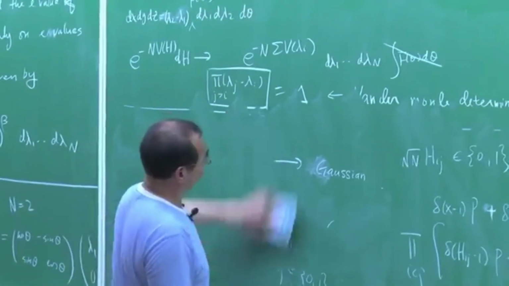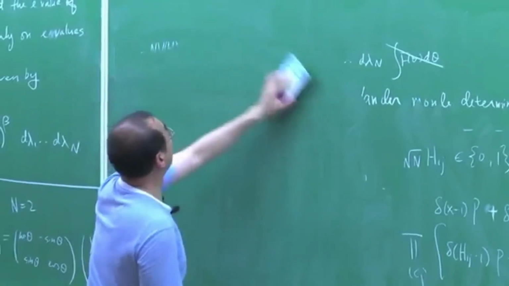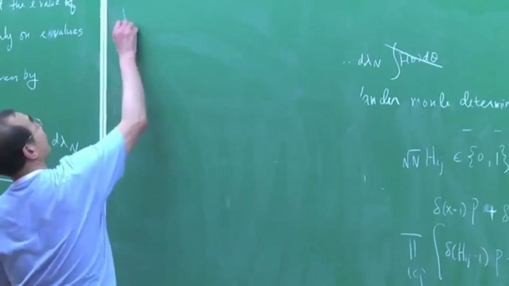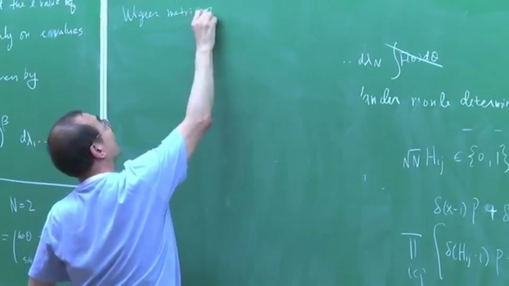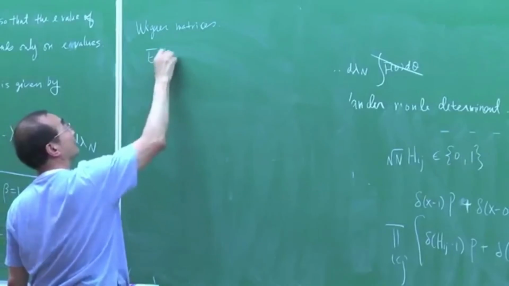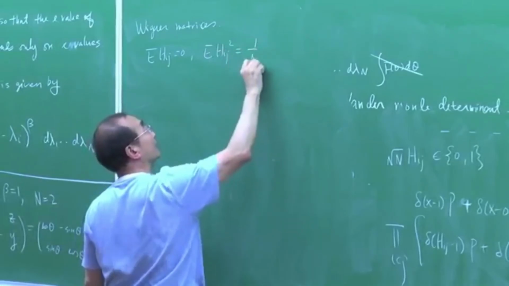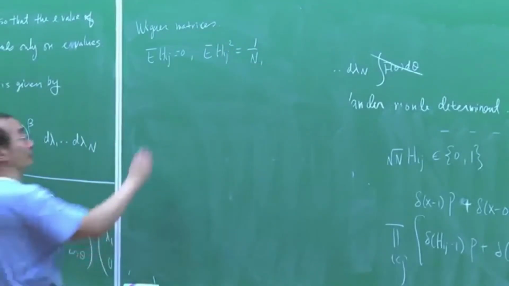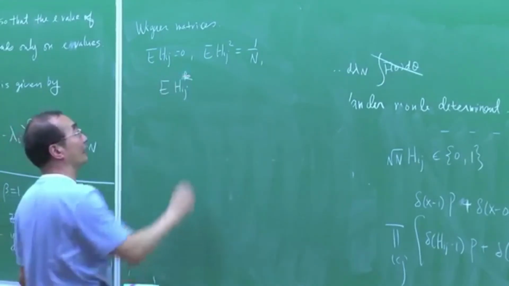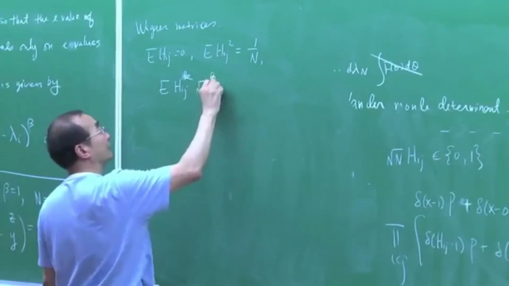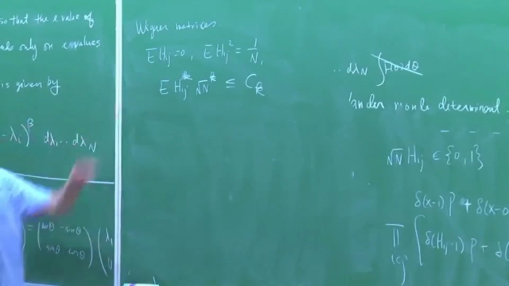Now, for the Wigner matrices, a Wigner matrix means the expectation of Hij is 0 and the expectation of Hij squared equals 1 over n. And of course, you also require the expectation of Hij to the k times the square root of n to the k is less than a constant C_k. So this is some higher moment control condition.